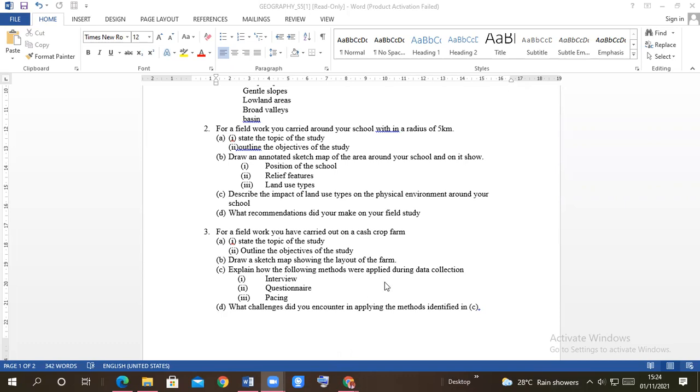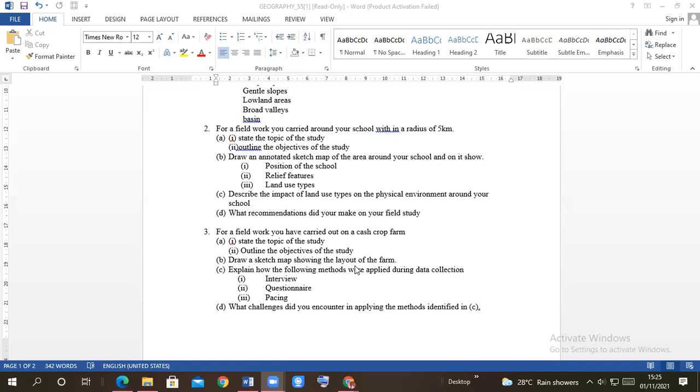By the way, this is even a different question. This one says the layout of the farm. For the layout of the farm, you just need to draw from the gate of the farm. You tell us what is inside the fence of the farm, where there are the plantations.